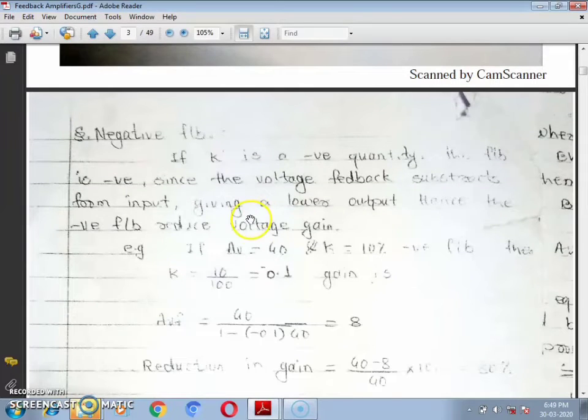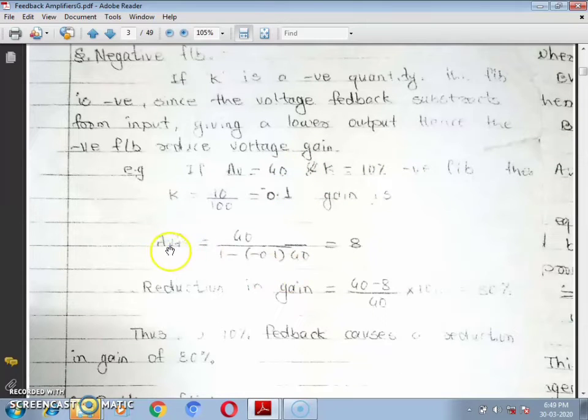Let's say, for example, AV, the voltage gain without feedback, is 40 and the feedback factor is 10% negative feedback. If we simply plug these in, the voltage gain with feedback is given as AV divided by 1 minus KAV, but K is negative, so by plugging in this value of 10%, we have the voltage gain as 8.